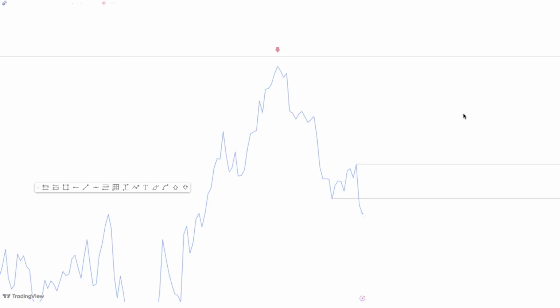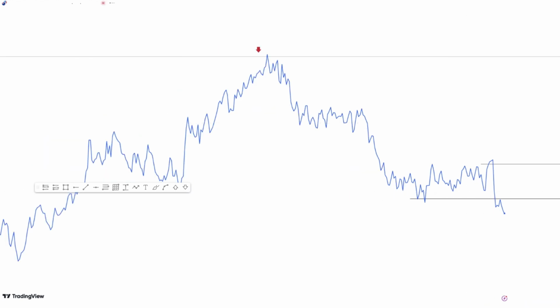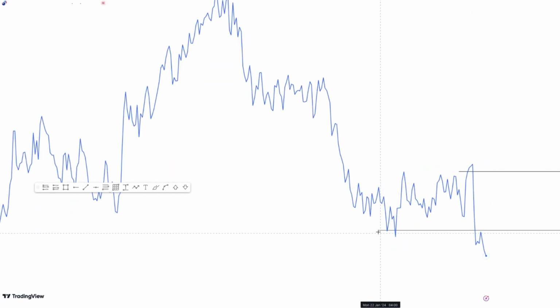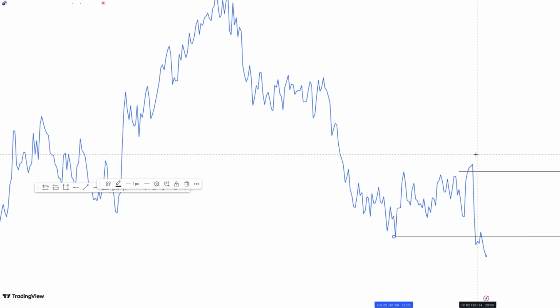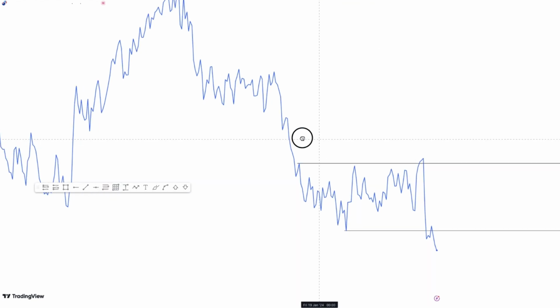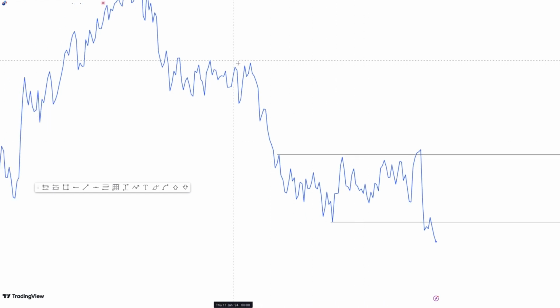Now if I switch to the 4 hours, you'll notice that all this was just a little correction, and price continues on its down push, because this is impulse, correction, then the other impulse. So you can see this is our correction, this is our impulse, then this is our correction to have the other impulse like this one.